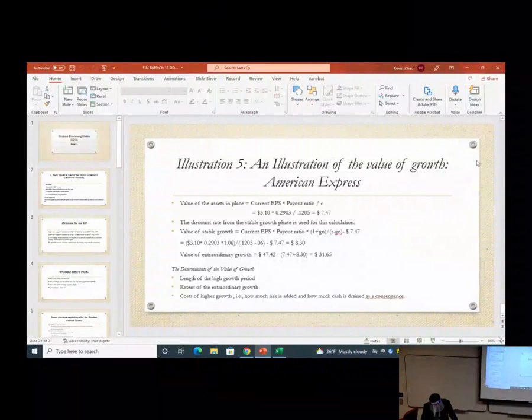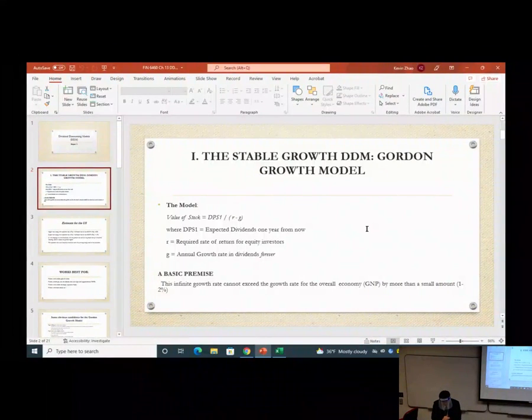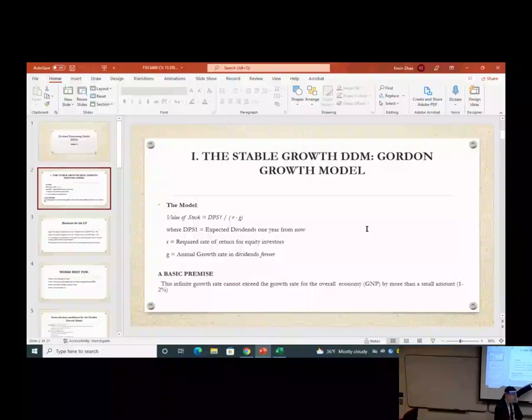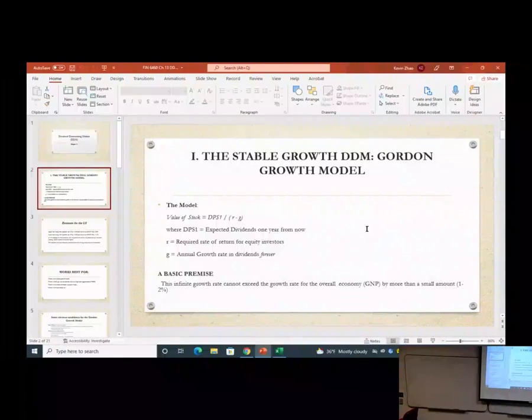Okay, chapter 13 is about the dividend discounting model. Dividend discounting model is the starting point for stock valuation, and you know stock price equals dividend for the next time period divided by the difference between cost of equity and the growth rate. And this is based on a very simple assumption that a company will have a constant number for future growth, which is horribly unrealistic.